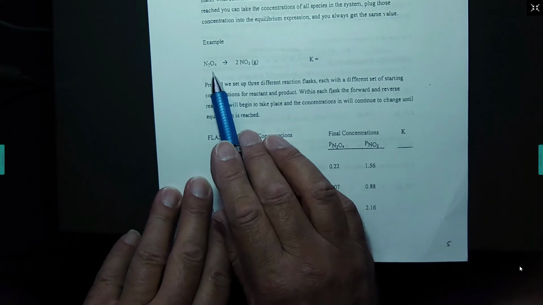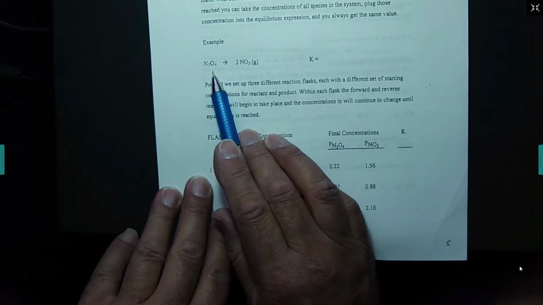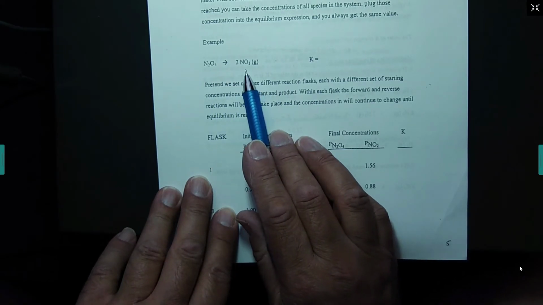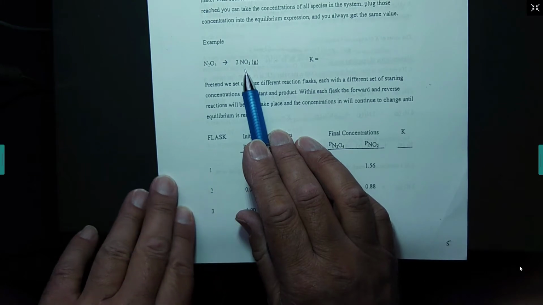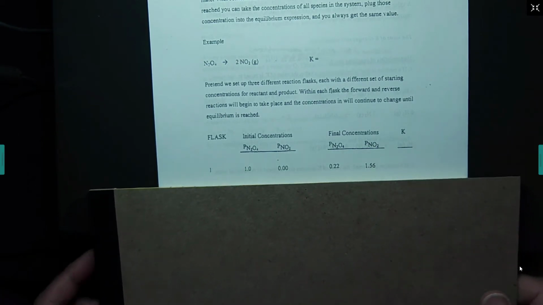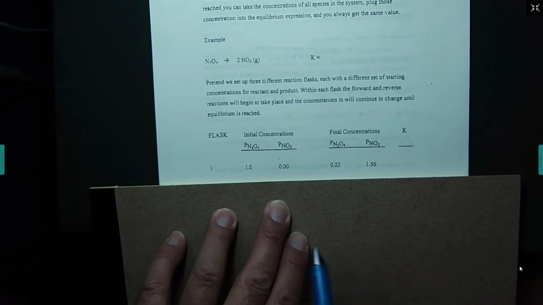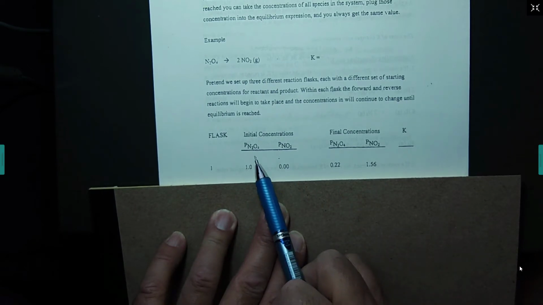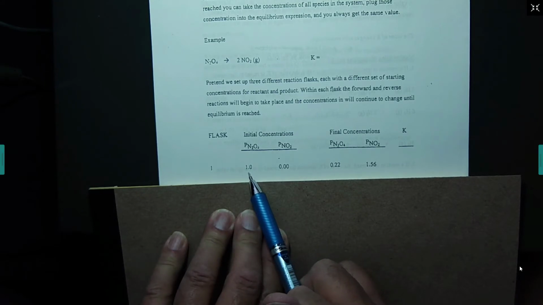You have dinitrogen tetroxide. It dissociates to give two molecules of nitrogen dioxide. If you start this reaction under different conditions, say you have a flask and you start with the partial pressure of N2O4 as 1 atmosphere.